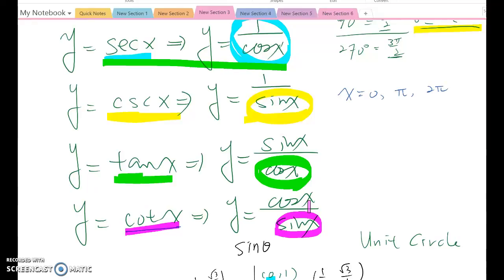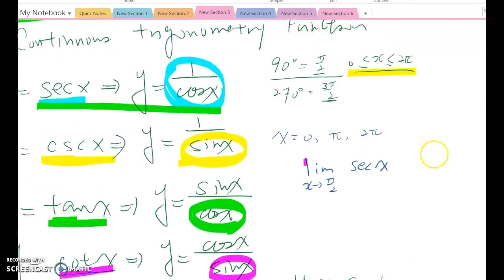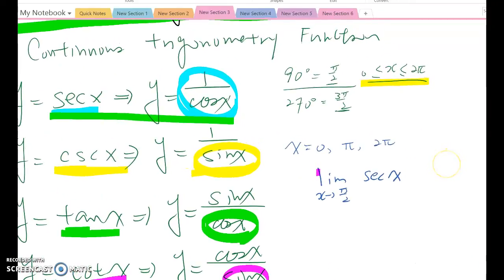Good? Okay, now how to interpret limit values basically. If a question asks you to find the limit as x moves to pi over 2 of secant x, the secant x case depends on cosine here.